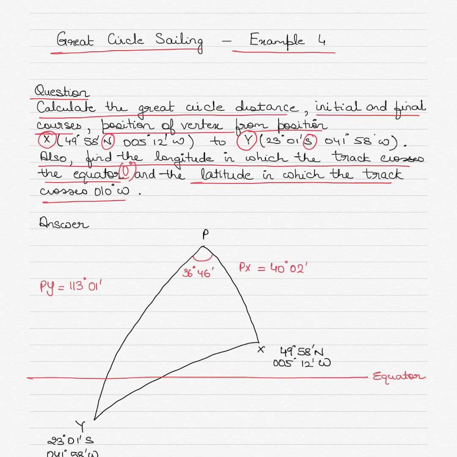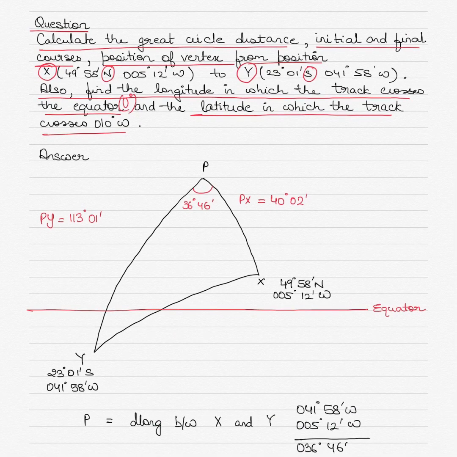We'll start with the great circle distance first, but before we do that, we'll draw a figure which depicts the scenario given to us in the question. Like I told you, one of the latitudes is in the northern hemisphere, the other one is in the southern hemisphere. Whenever you see the two latitudes are in different hemispheres, draw the pole towards the higher latitude, the value of the higher latitude.